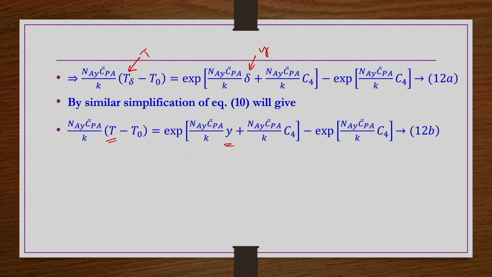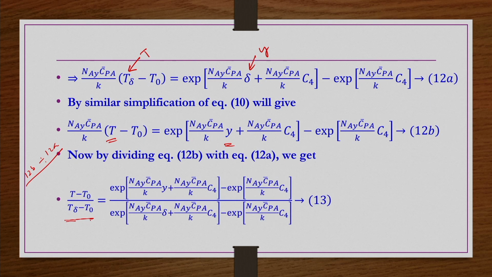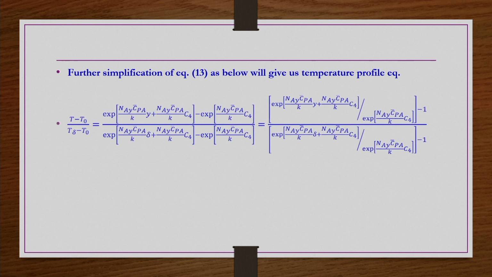So, now you do 12b divided by 12a equations, then you get T minus T naught divided by T delta minus T naught is equal to this one. Next step, we take this term common from both numerator and denominator, so that it can be cancelled out, and then we have this particular term.